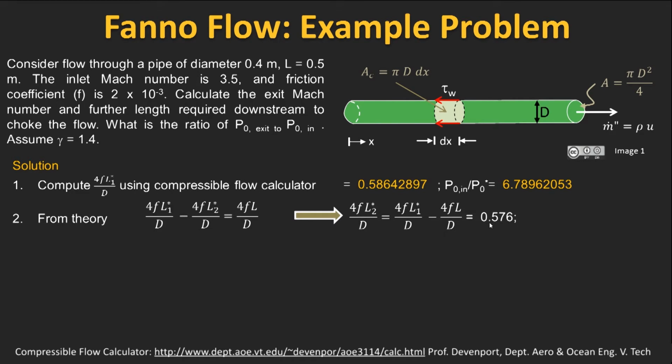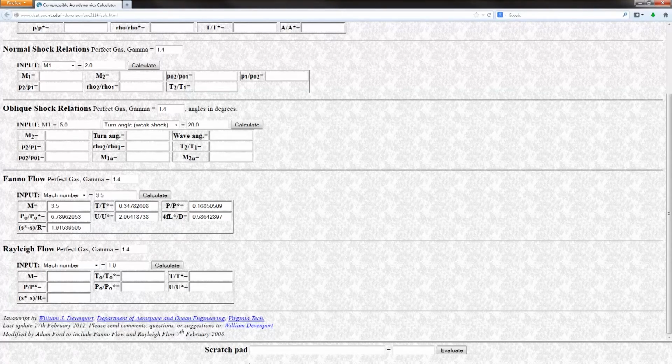Let me just make sure that I got this number right by using the flow calculator, in which there is a scratch pad. So let me take that value, minus 4 times f, which was given to be 0.002 or 2 times 10 to the minus 3, times the diameter, which was 0.4 meters, divided by the length 0.5 meters.